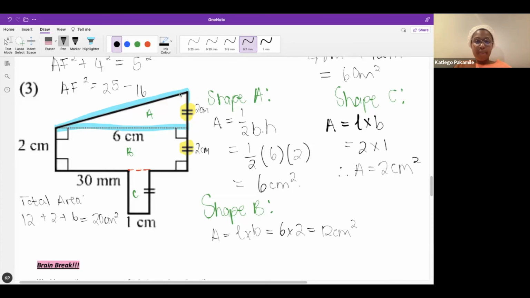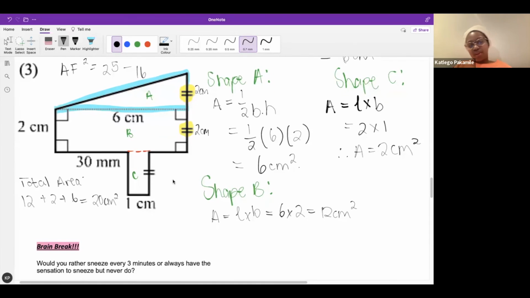Kubo, are you ready? Hello, ma'am. How are you, Kubo? Do you rather sneeze every 3 minutes or always have the sensation to sneeze but never do? Ma'am, you know how satisfying a sneeze is, though. I gotta sneeze, ma'am. Having to hold it in, ma'am, I'd rather sneeze.